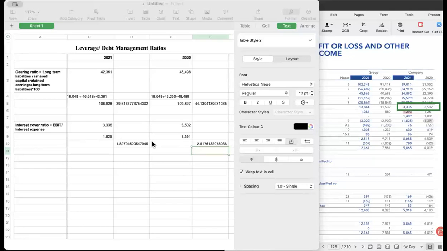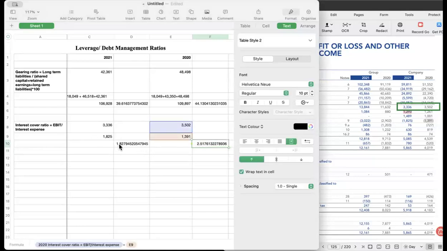I actually did not introduce you to this formula, right? So interest cover ratio shows the amount of profit available in the business to cover the interest that the company owes. Okay. So the average ratio cover is 1.5 and any ratio above that is good, it is fine. And as you can see, in both years, 2021 and 2020, the company's interest cover ratio is more than 1.5, meaning they have enough earnings to cover their interest expenses. So this is favorable.